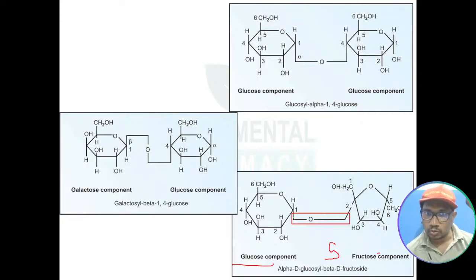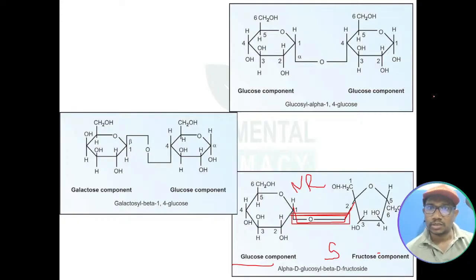So 1 2. So 1 मतलब क्या, aldehyde containing group, functional group of glucose. This is involved in the bond with the functional group of fructose, that is ketone. That's why it is a non-reducing sugar. Sucrose is a non-reducing sugar.